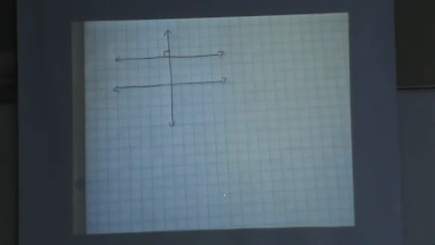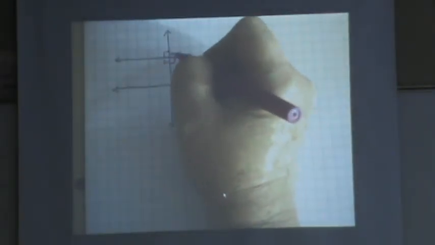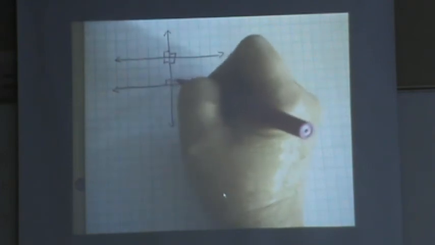The rest of them are 90 degrees. Every one of these angles is going to be 90 degrees. All of them.